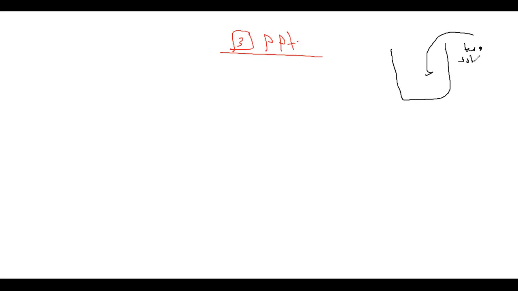Number 3, precipitation. In precipitation methods we have two soluble salts mixing together. Then add water and stir with a glass rod, then make filtration.